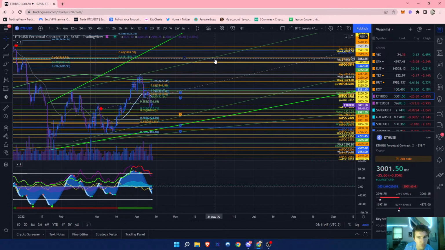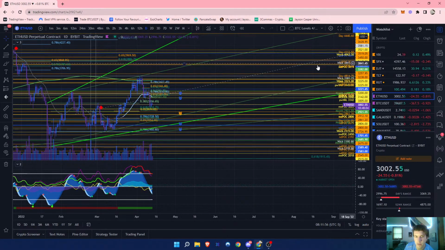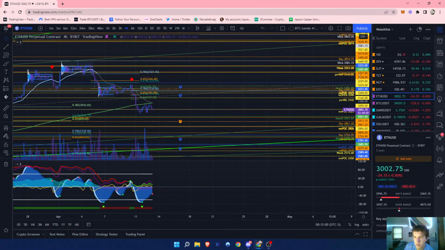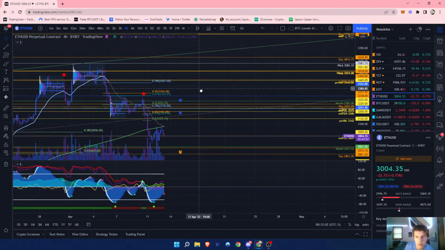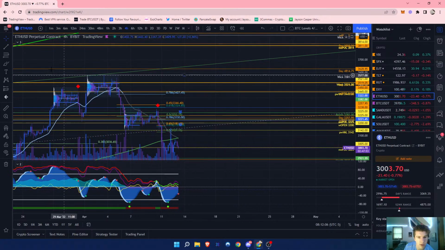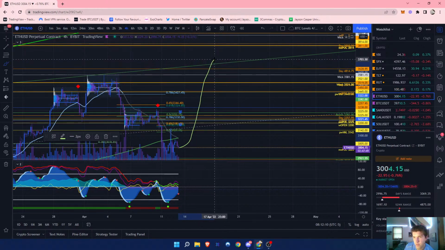Really all the way up to 3,800 or 3,700. 3,700 would be ideal too. So this will be definitely a swing. Where we kind of have current price really pumping up towards 3,700 and then coming down.